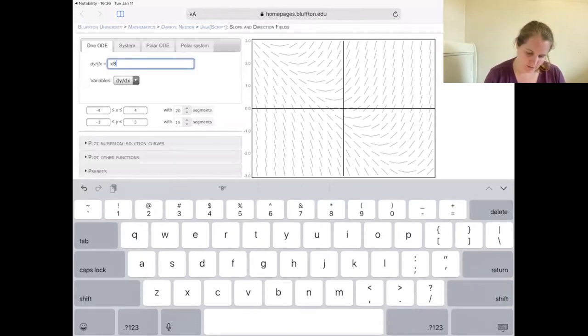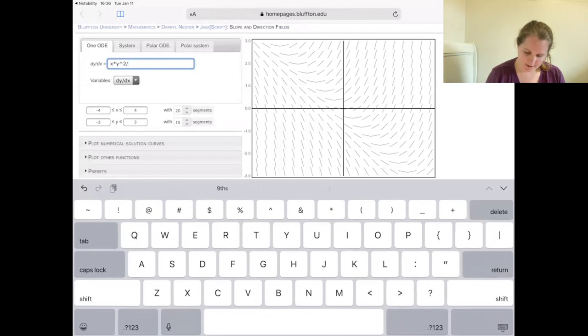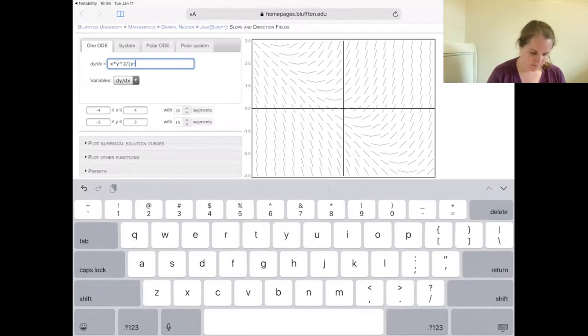You need to put in a multiplication sign anytime you have two letters in a row, otherwise it gets confused. So x times y, then caret 2, divided by, and then in parentheses, y minus 1.